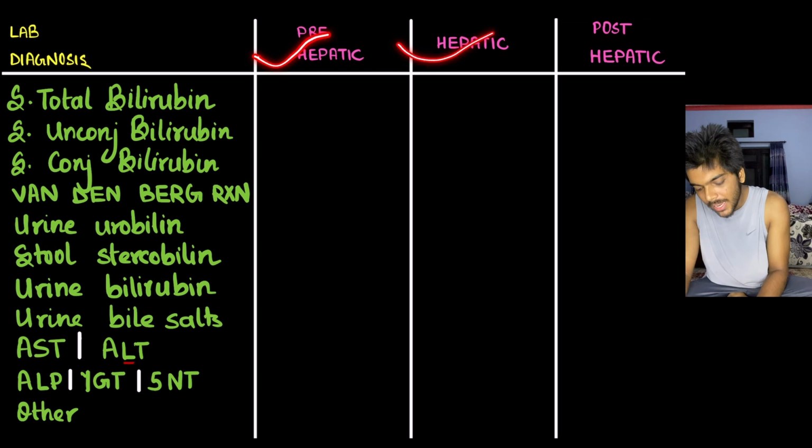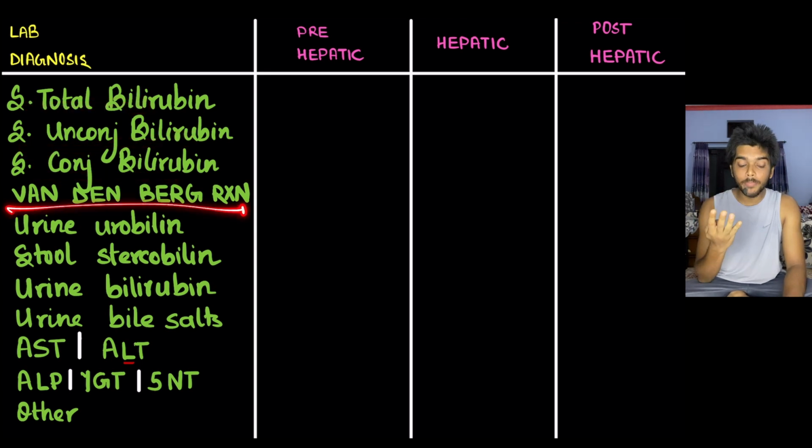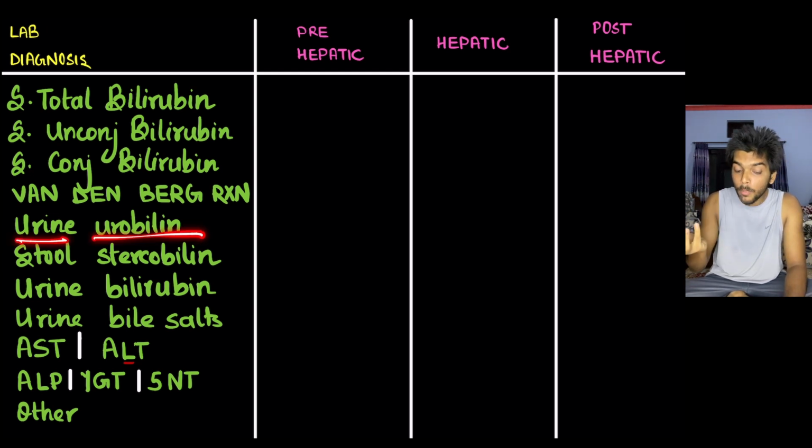So there's pre-hepatic, hepatic and post-hepatic jaundice. Again, the same thing. First, total bilirubin, then unconjugated bilirubin, then conjugated bilirubin, then the Van den Bergh reaction. Then we are going to shift to urine and stool: urobilinogen in urine or urine urobilin, stercobilinogen in stool or stool stercobilin, and then the presence of bilirubin in urine, which is urine bilirubin.